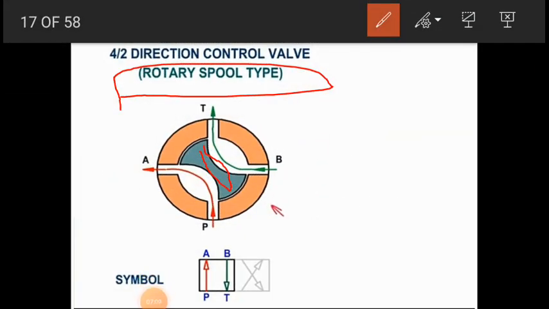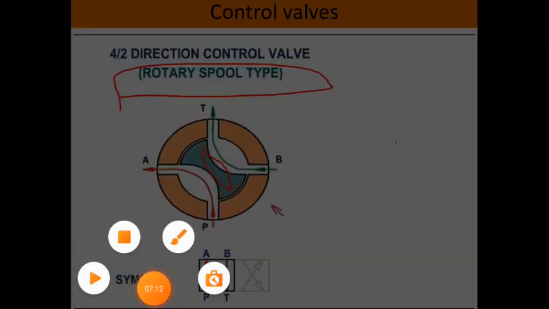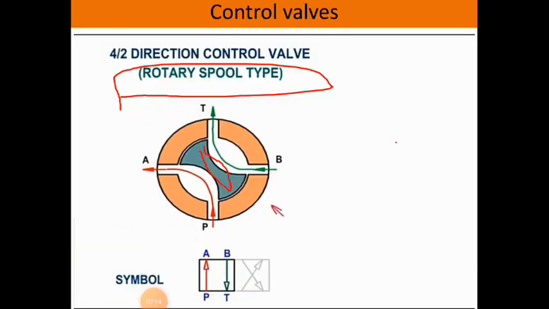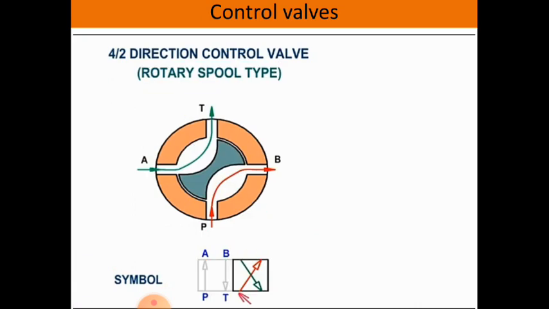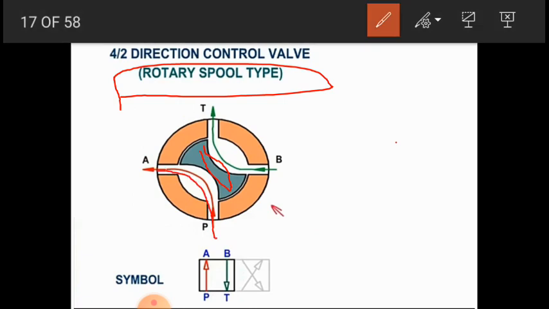In the rotary type spool, if you give rotation through a certain angle, then there will be an opening from pump P to port A, as you can see in the image. And in the same way, there will be an opening from port B to port T.